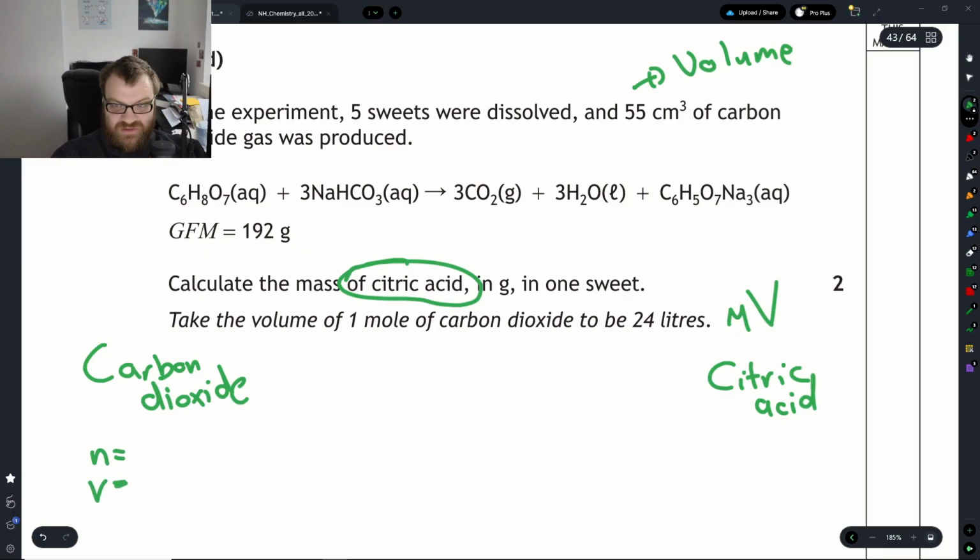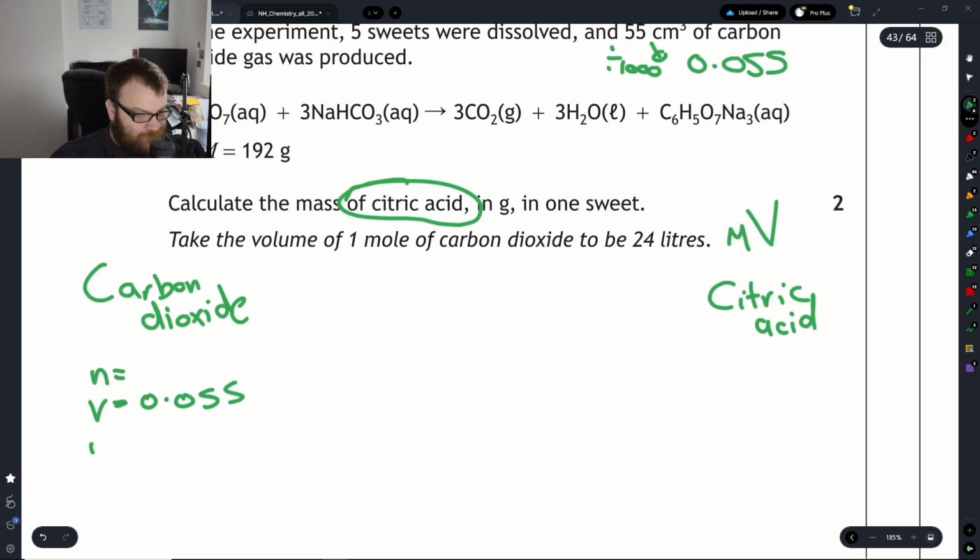Turn that into litres by dividing by 1,000, 0.05. Also told the molar volume. Now I'm going to do this one slightly differently.